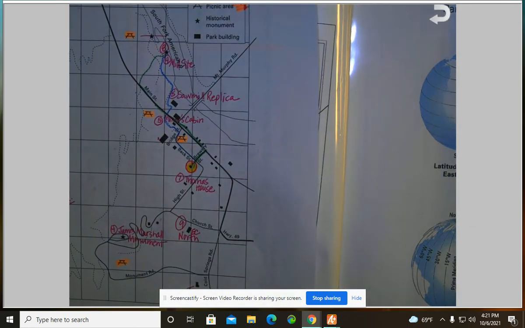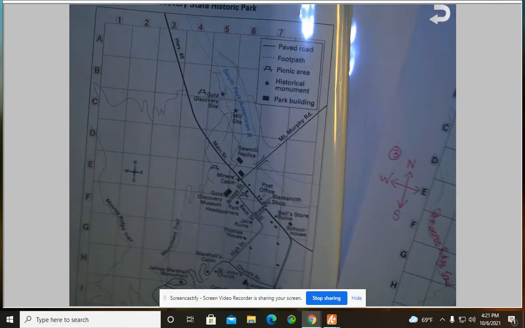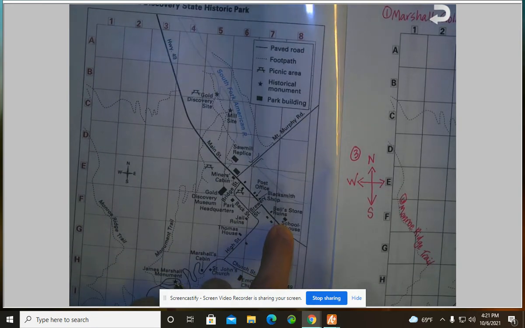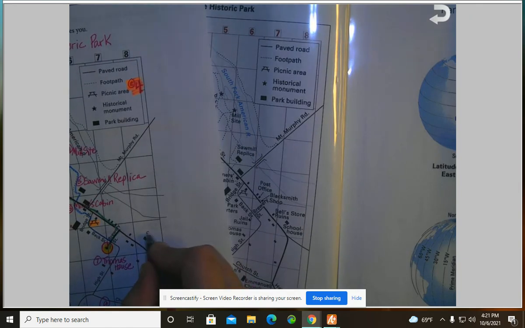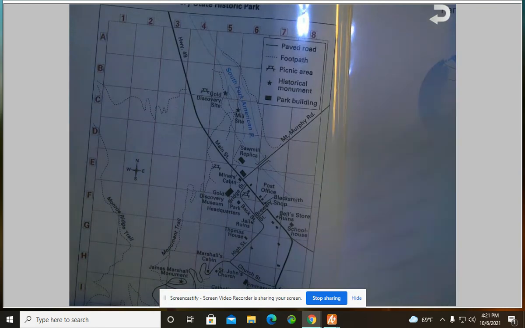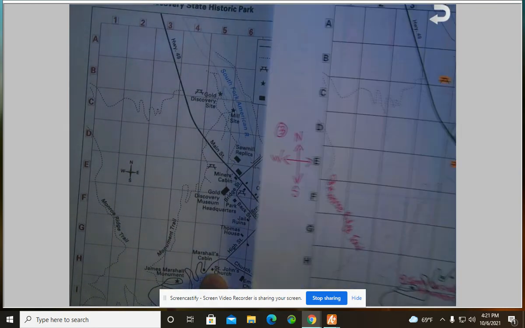Number 10, what direction is St. John's Church from the schoolhouse? So we want to find the schoolhouse, which is over here. So we're going to put schoolhouse. And we're going to St. John's Church. And St. John's Church is over here.